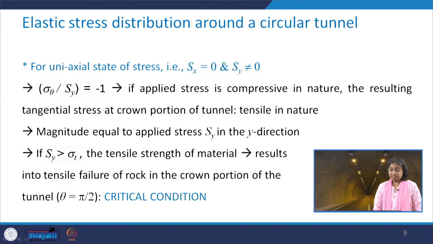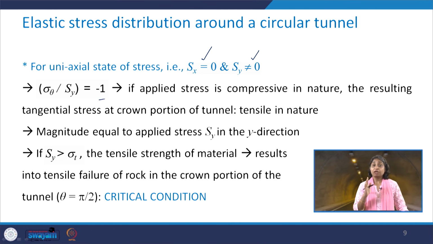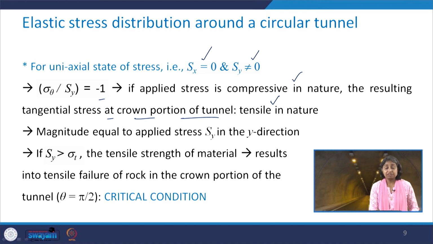So, what does this signify? For the uniaxial state of stress, which is represented by Sx equal to 0 and Sy non-zero, we saw that sigma theta upon Sy works out to be minus 1. So, if the applied stress is compressive in nature, the resulting tangential stress at the crown portion of the tunnel is going to be tensile in nature, because there is the change of the sign.